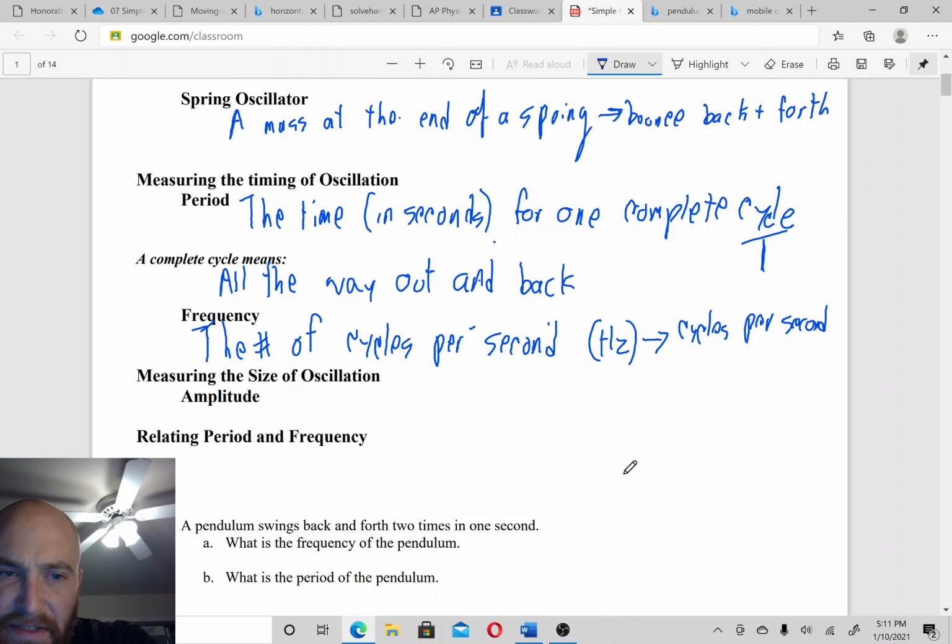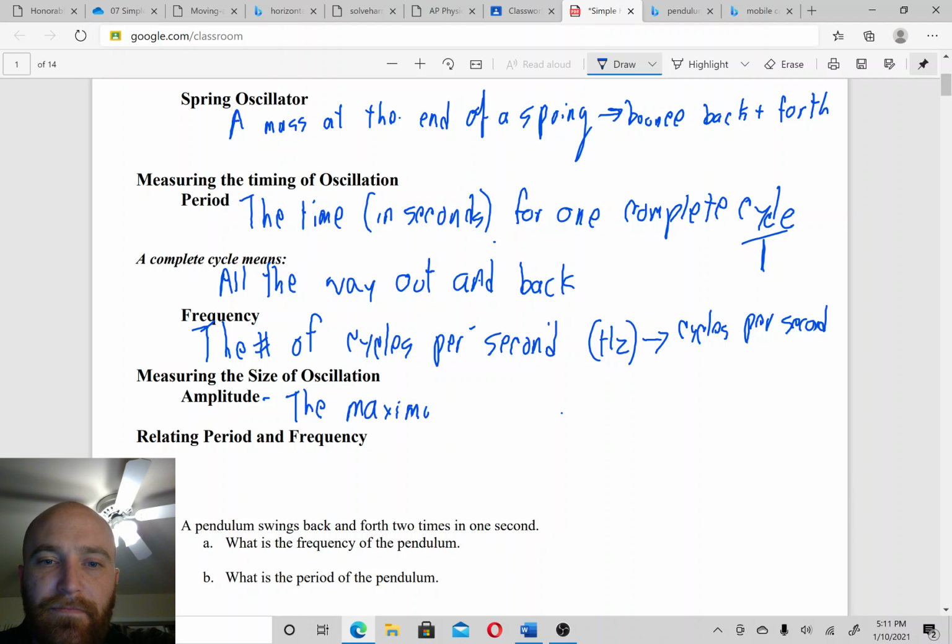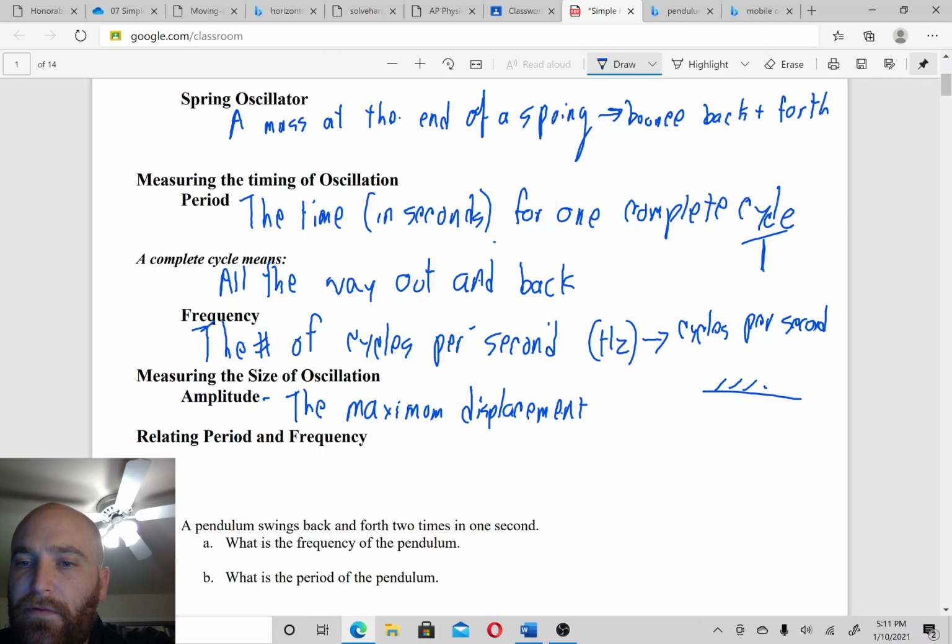Okay, the size of the oscillation, amplitude. Amplitude is a measure of the maximum displacement. For a pendulum, we measure amplitude in degrees. It's the amount of degrees to the side that the pendulum swings.